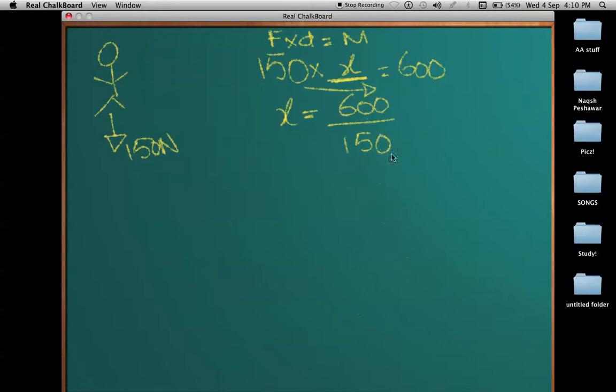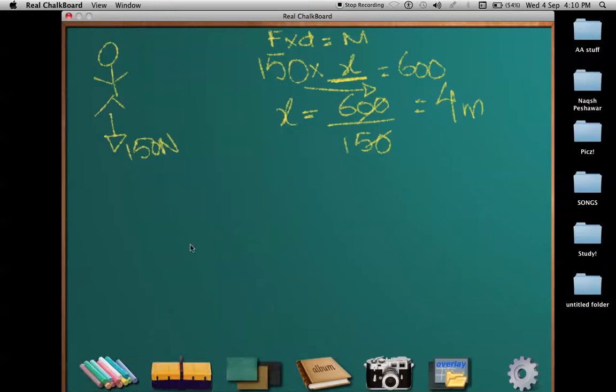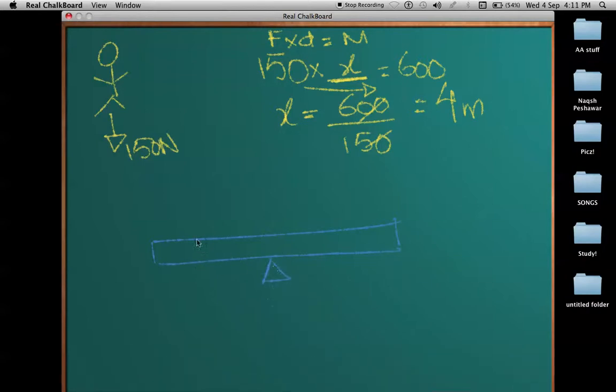Use your calculators, you will get 4 meters. So this means that the other friend has to sit, this is the seesaw, at a distance of 4 meters to the left hand side of the pivot.